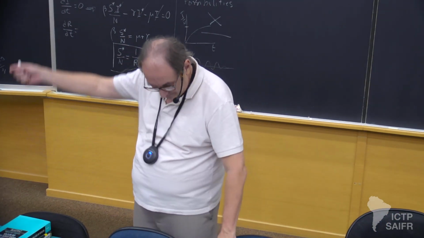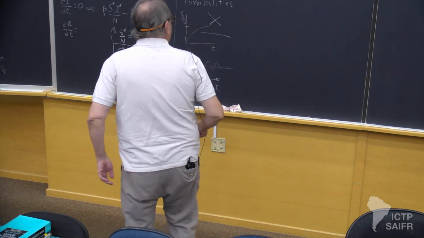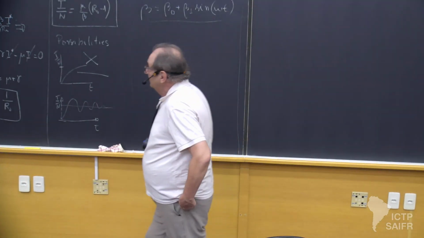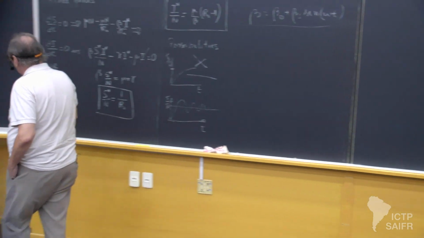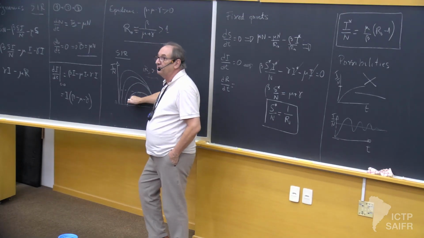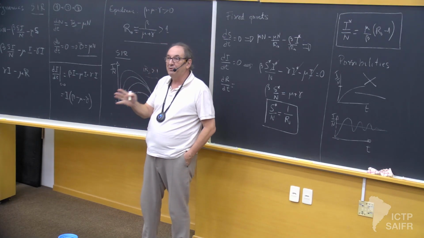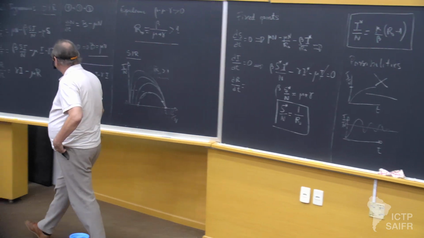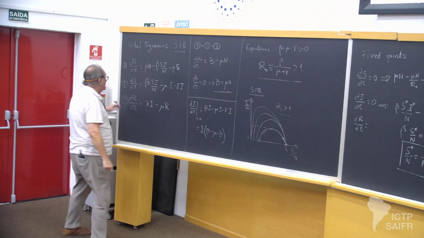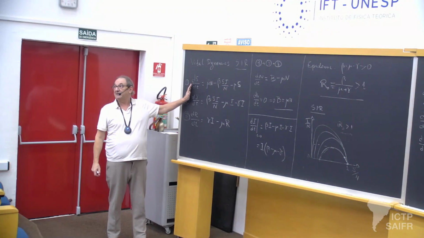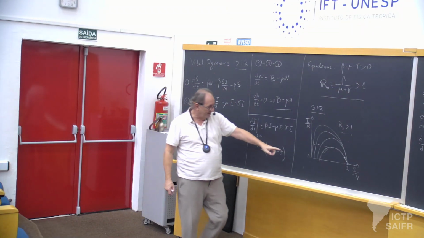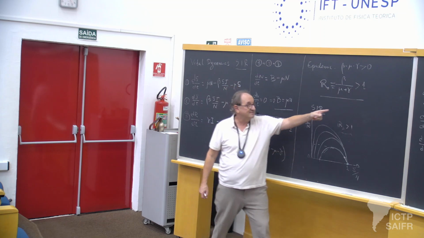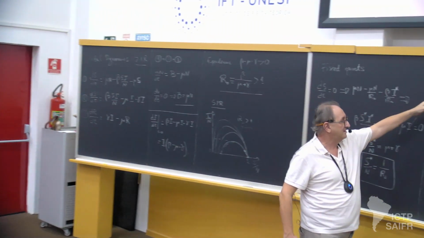Now I want to know, instead of this plot, what kind of plot do I have in this case with vital dynamics? It cannot be this, because all fixed points here have I equal to 0, and this one is not equal to 0.